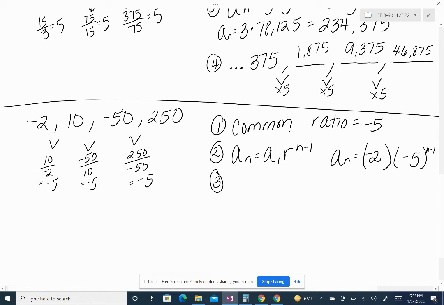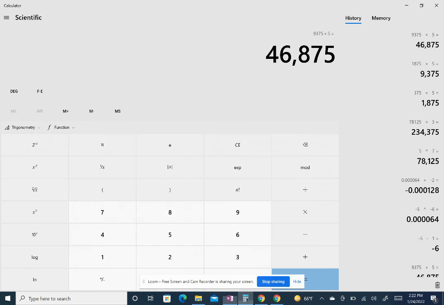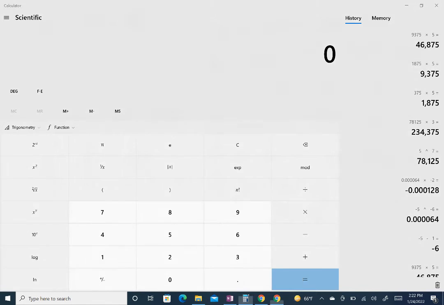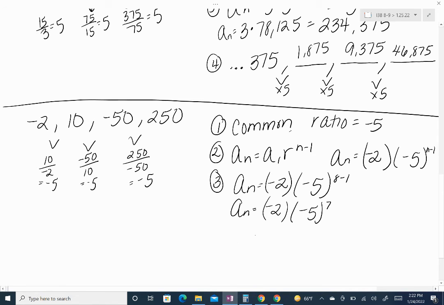So I'm just going to replace my n with 8. A of n is equal to negative 2 times negative 5 to the 8 minus 1. So A of n is equal to negative 2 times negative 5 to the power of 7. I'm going to put the negative 5 in parentheses. Negative 5 to the power of 7 gives me negative 78,125.